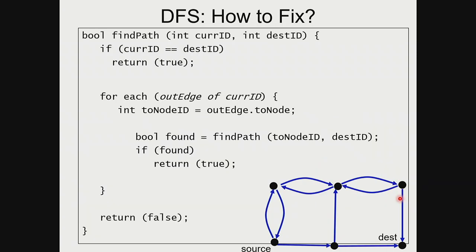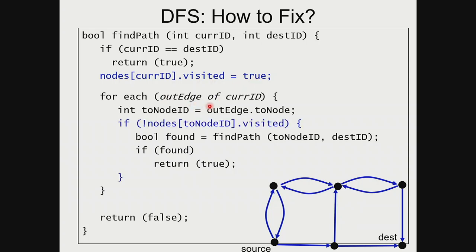So we fix this by introducing an additional flag to the node data structure called visited. This basically marks each node as either visited or not. If we visited it, then we don't have to go over finding the path from its children again. After the base case, we set the visited flag for the current ID to true, and when we visit each node, we don't go to the recursive function unless it hasn't been visited before.